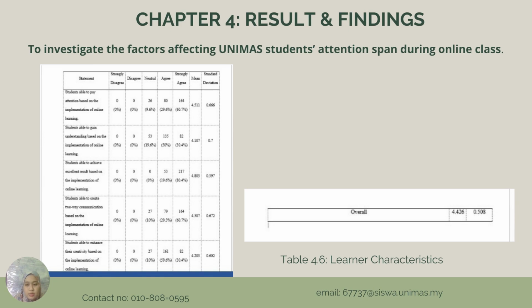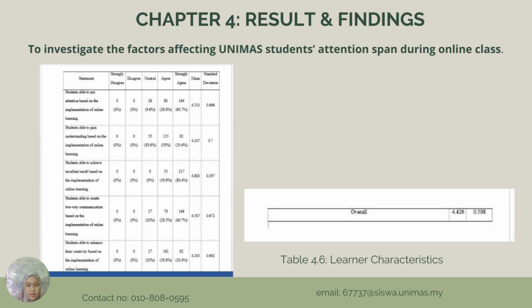Next, respondents also agree that students able to enhance their creativity based on the implementation of online learning, 59.6%, and students able to gain understanding based on the implementation of online learning, 50%. According to the findings, the respondents show various reactions towards the learner characteristic.